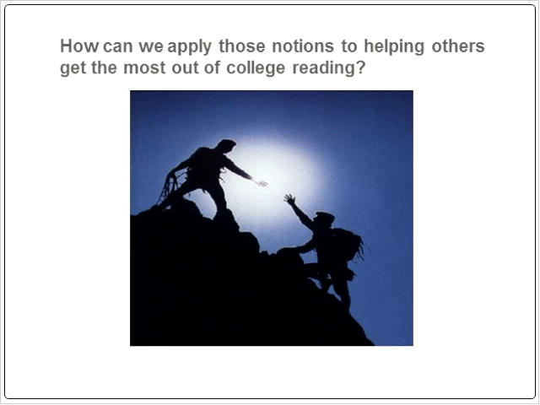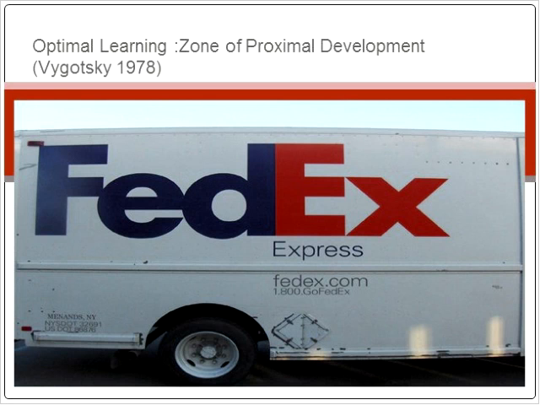So the next slide is just a visualization of how we can apply those notions to helping others get the most out of college reading. We're showing learners where to look, and educators call this process scaffolding. Okay? Let's take a look at this picture.